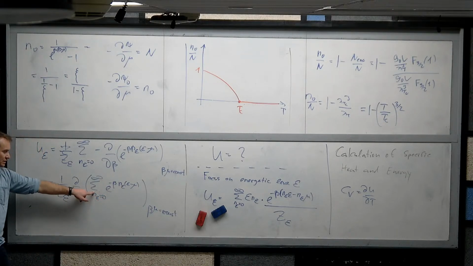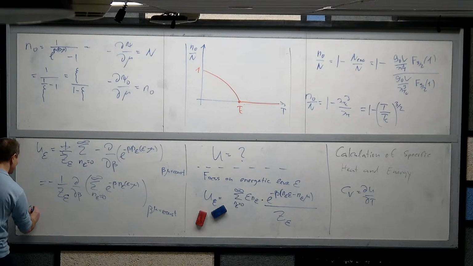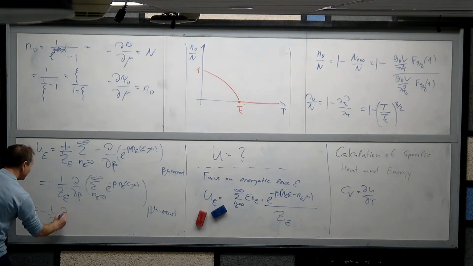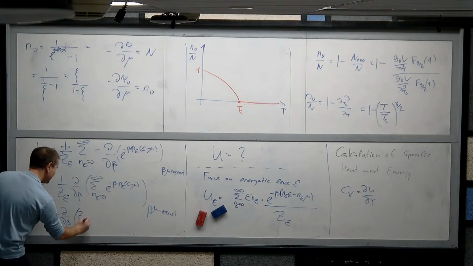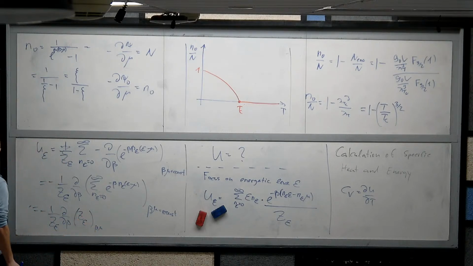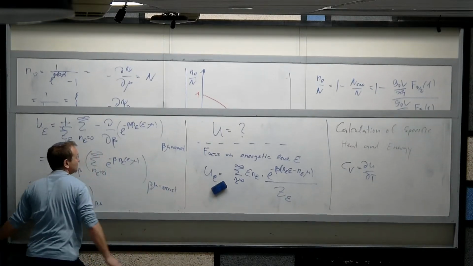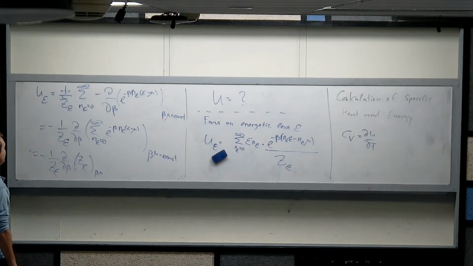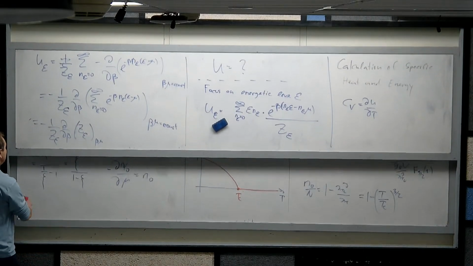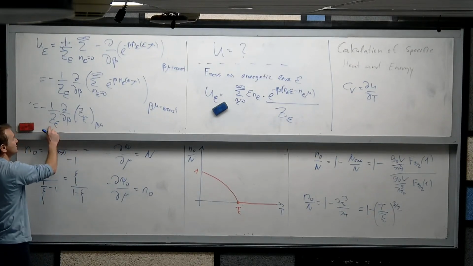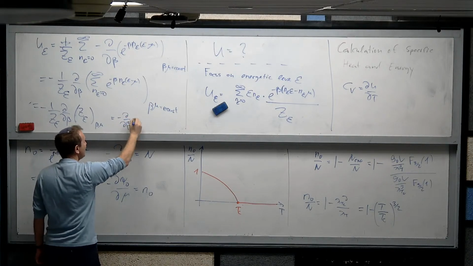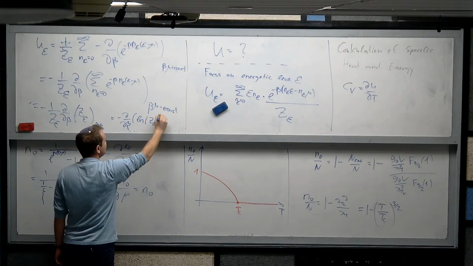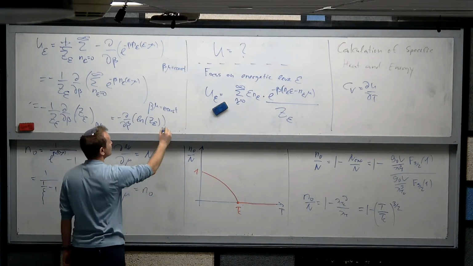By definition of the partition function, the summation of all those exponents is simply z epsilon. So it is 1 over z epsilon times minus d over d beta of z epsilon keeping beta mu constant. And we can take this 1 over z epsilon inside, and we have minus d over d beta of log of z epsilon, where we're keeping beta mu constant.